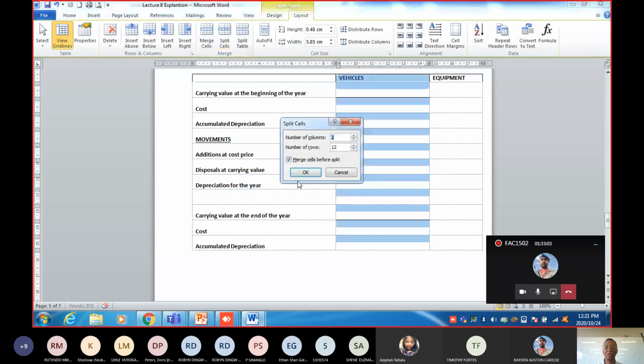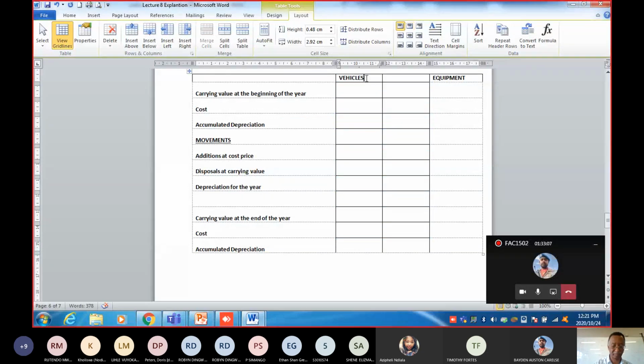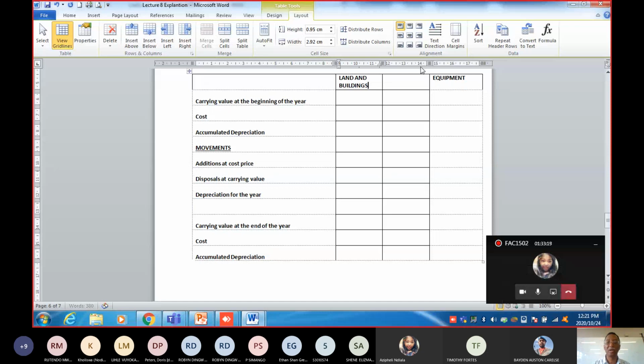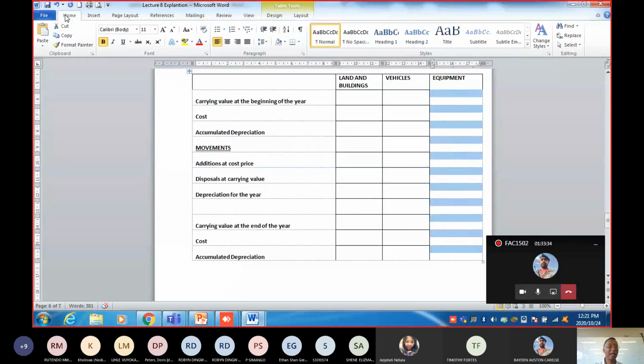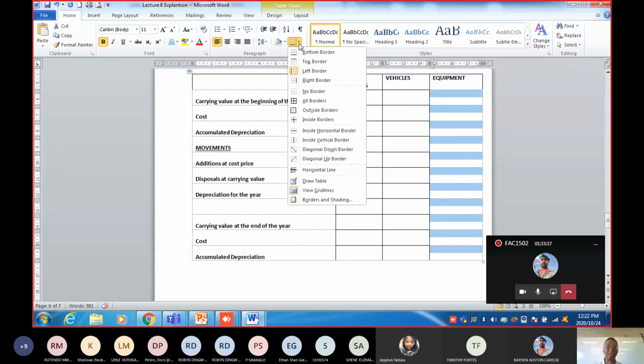And you will make provision then for land and buildings. You are going to make provision then for your vehicles. And you are going to make provision for equipment. And now, based on the information given to us, I am now going to complete this note now.